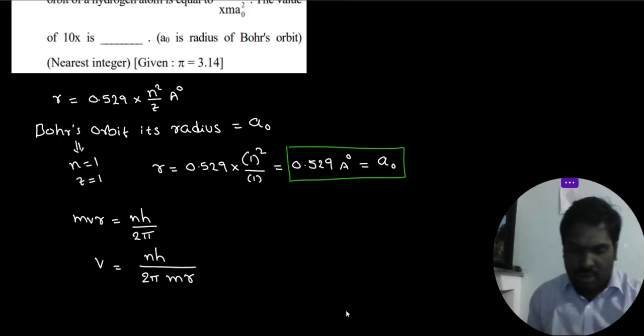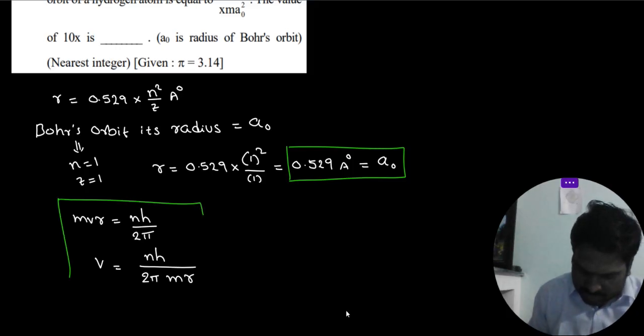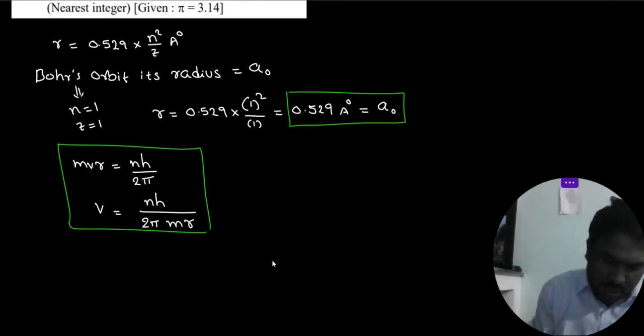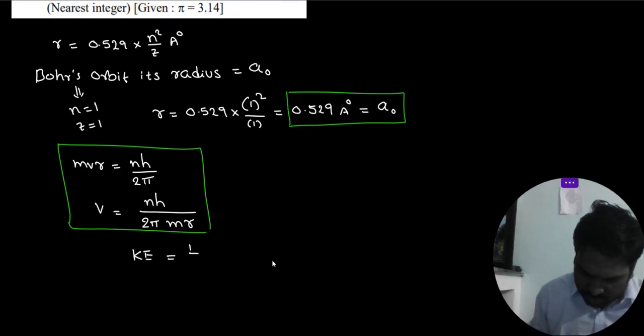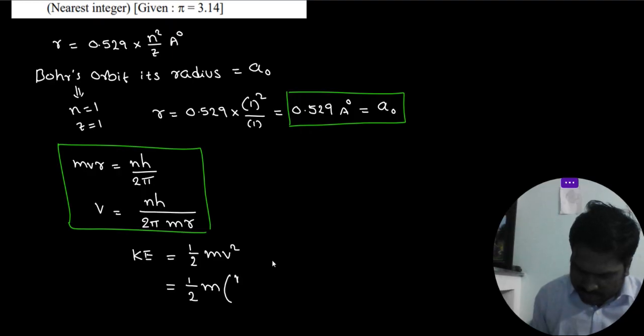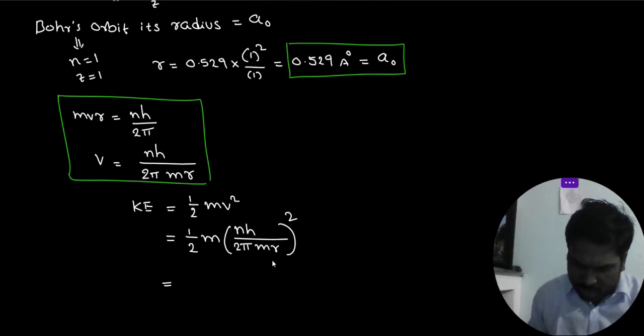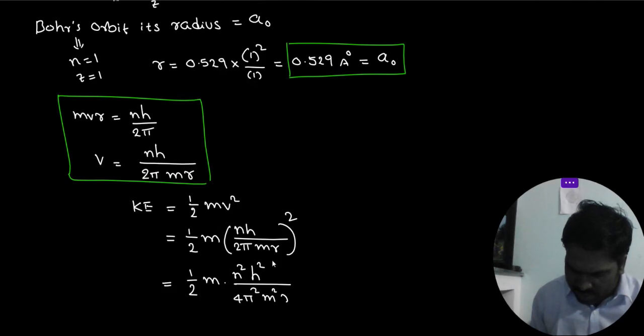Now the kinetic energy formula. What is the kinetic energy formula? Kinetic energy equal to half m v square. In the place of v we can write nh by 2 pi mr, squared. So half m n square h square by 4 pi square m square r square.